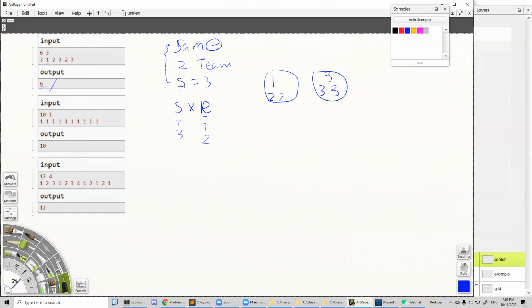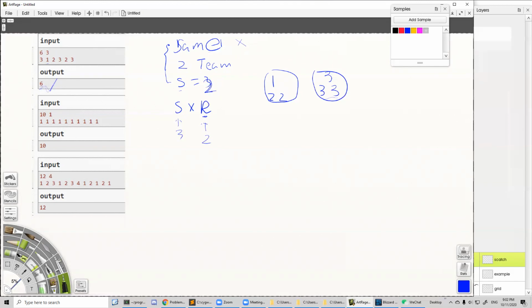So what if we choose S equal to 2? In this case, team 3 would have to be separated. That does not satisfy this condition, right? Because the people from the same team must be in the same bus.